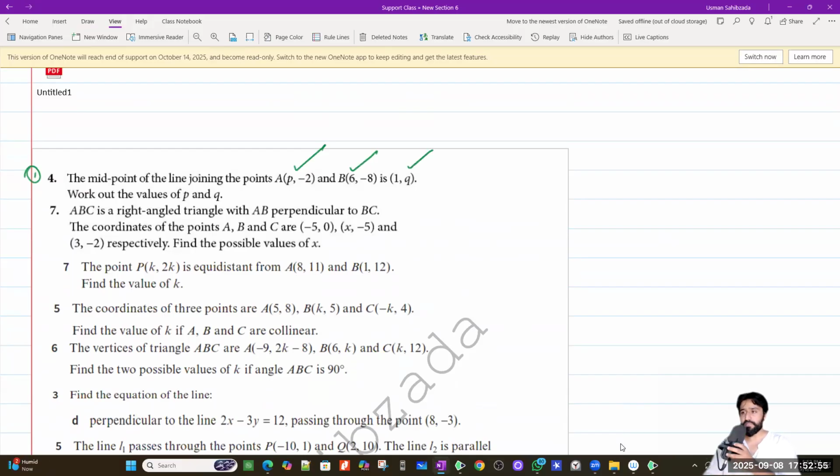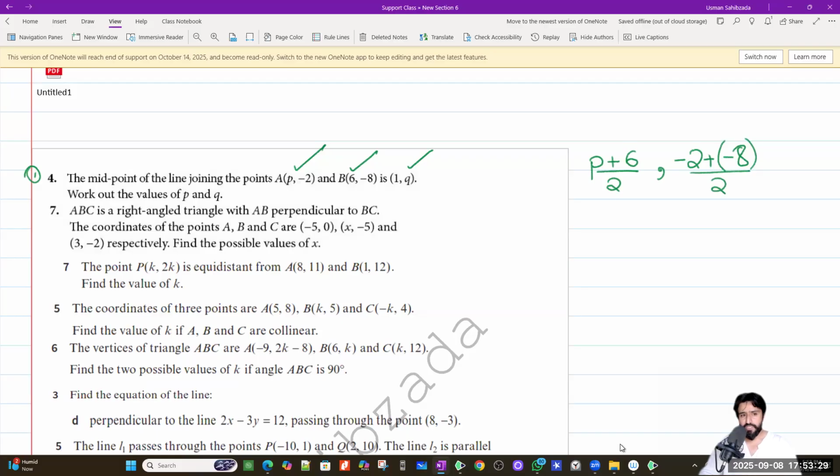Although it's such a basic thing, I would want you to notice one little thing. For the midpoint I can do p plus 6 over 2, add the x values and divide by 2, then put a comma, then minus 2 plus minus 8. If you're putting a plus with a minus, it's nice to put a comma.